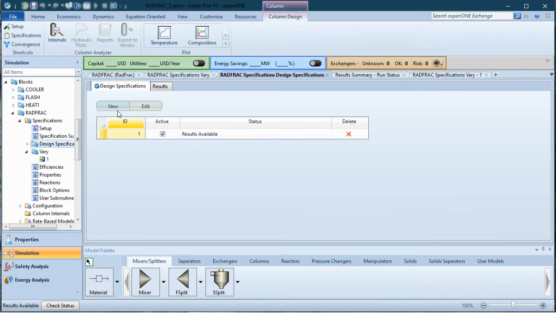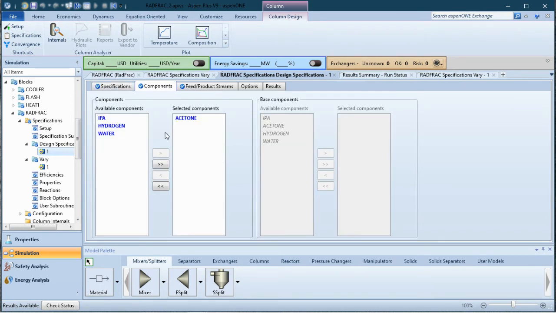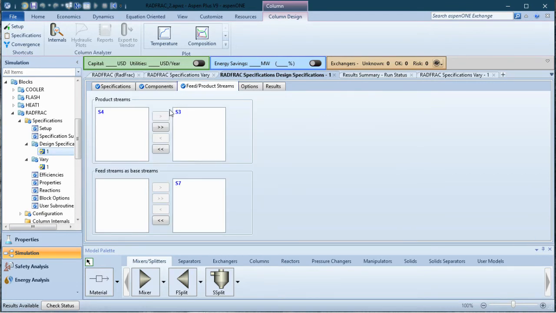and click new, and then we key in the design specification. For the description, we want a recovery of 99.9%, and for the component we choose acetone because this is our desired product. And for the feed stream, acetone in stream number 3 from the feed stream number 7.